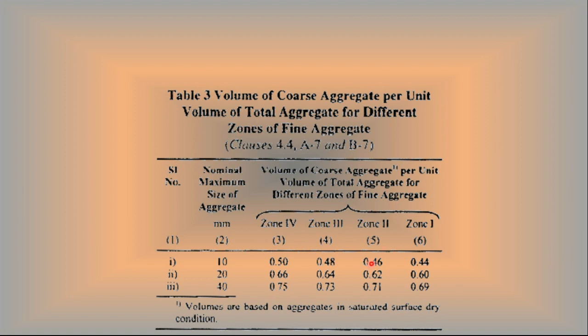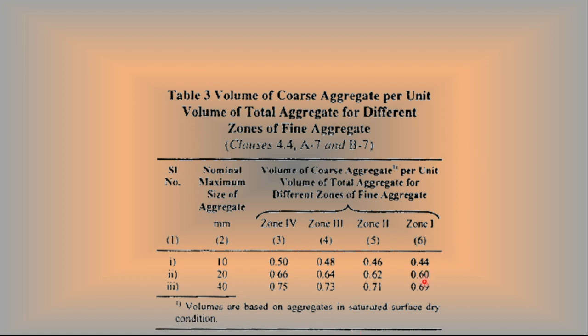Now, this is the table 3 where we are taking. So, as I mentioned, for 20 mm aggregate of zone 1, this is the value. This value we will increase. This table is given for 0.5 water cement ratio. We are using 0.4 water cement ratio.